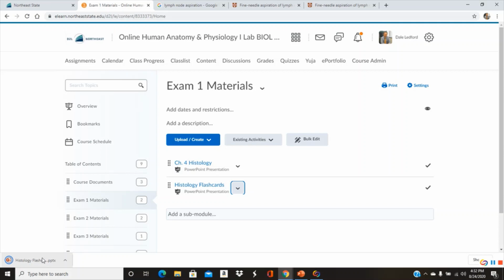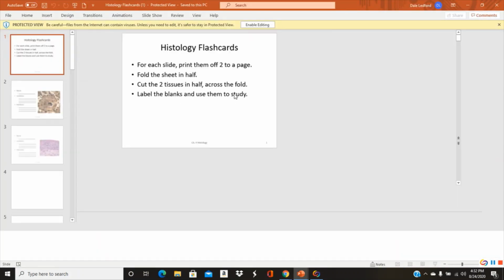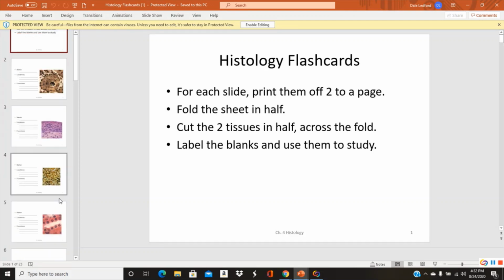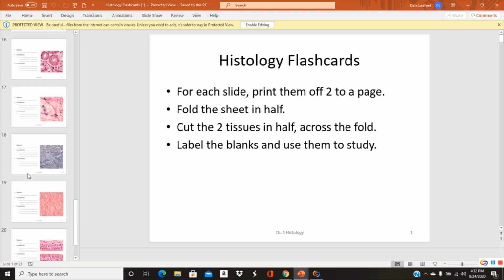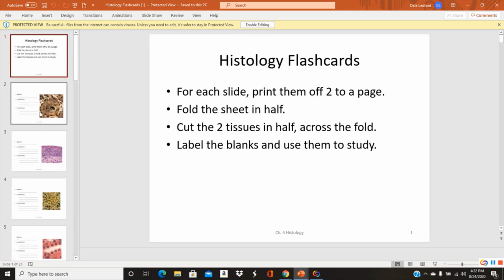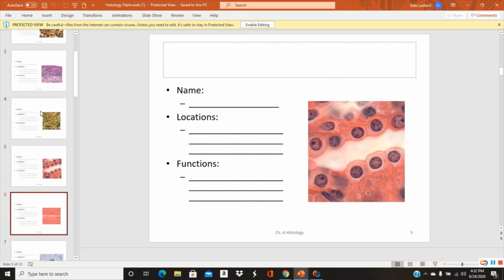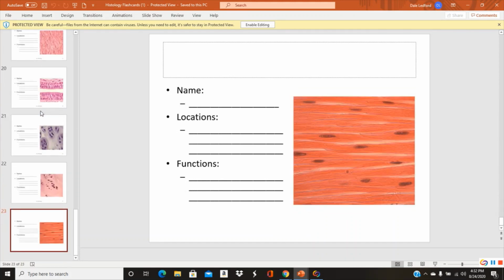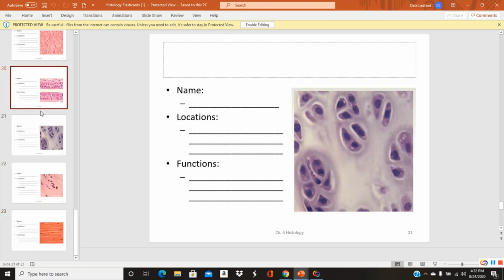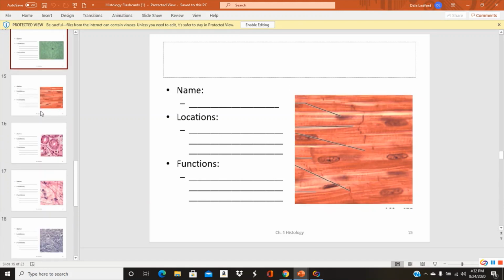Literally, I took this set of flashcards, opened it up, and put these images into the exam. These are the pictures in the PowerPoint, so you should be able to go through the PowerPoint and identify them, and make your flashcards from here of the ones you're going to have to identify.